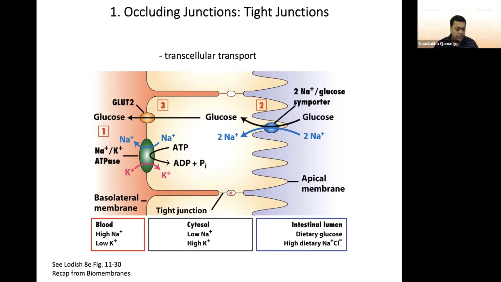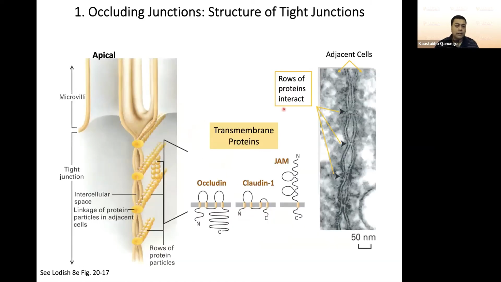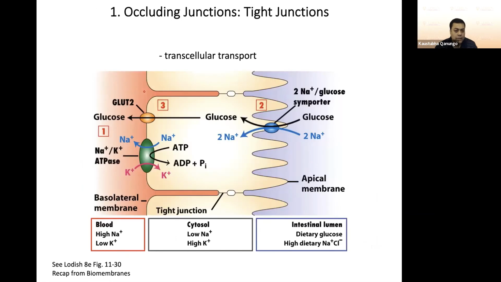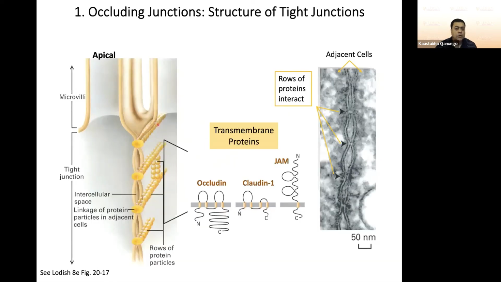All right, so let's move on to the structure of the tight junctions. What you are seeing is, suppose this is one of your cells, another cell, and the plasma membranes are separated. This is your intercellular space in between, that we were seeing, the space that you are seeing right here. How the tight junctions work, you can easily see that they are stitched like this.